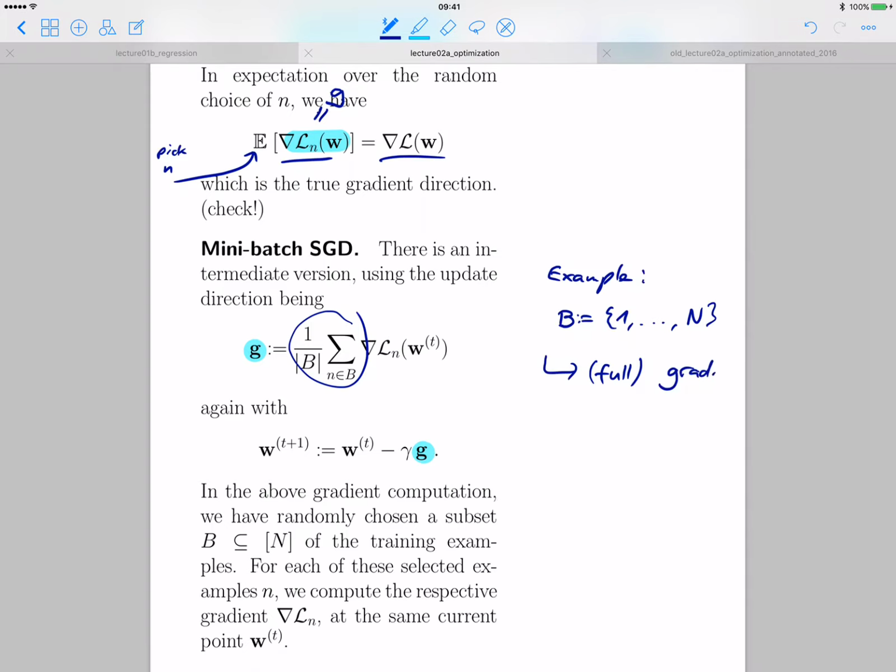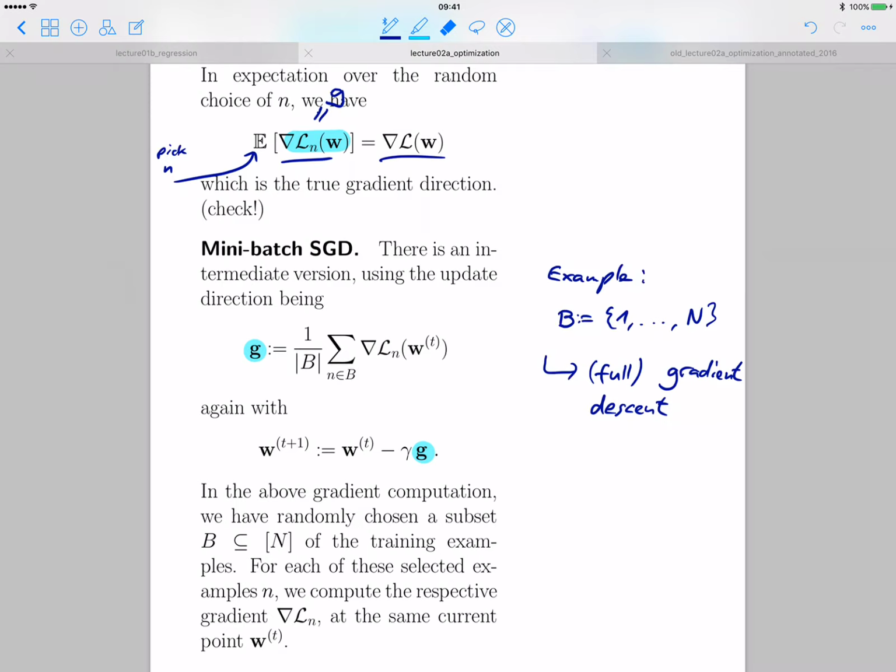So the interesting bit happens if you don't pick all but only a few. So the other extreme is when you only pick one of them, right? If you let B only be one of the random data points, then we get stochastic gradient descent, right? So one of the n's we picked, and we only use that n function, and the others we don't use.